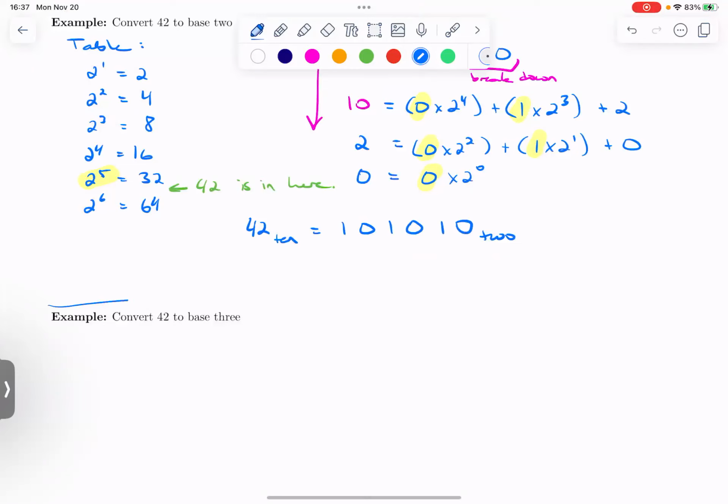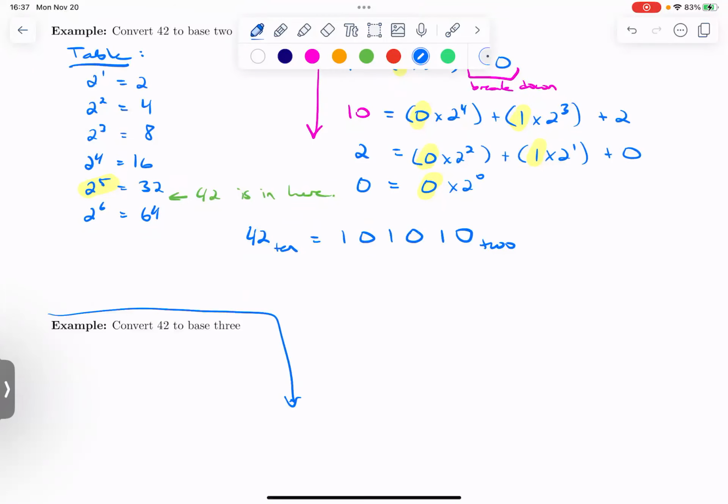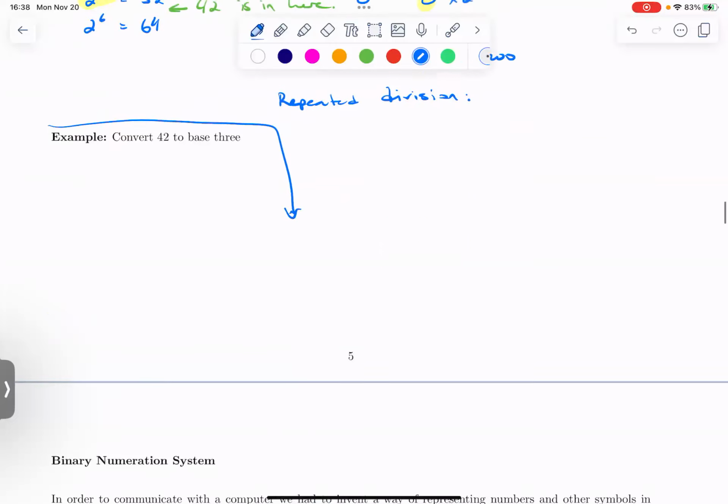Or I prefer, I'm going to give myself more space because I could use repeated division. The only problem is that you have to start from the bottom and then you divide up. So you kind of need to give yourself more space.